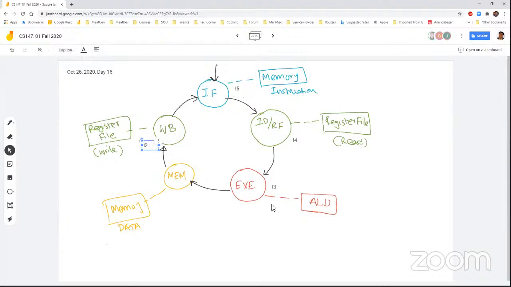So I2 comes here, I3 comes here, I4 comes here, I5 comes here, and we do another I6. At the end of this stage, I2 is thrown away, it's done. And I3 comes to the final stage, then I4, I5, I6, and I7 is being fetched.